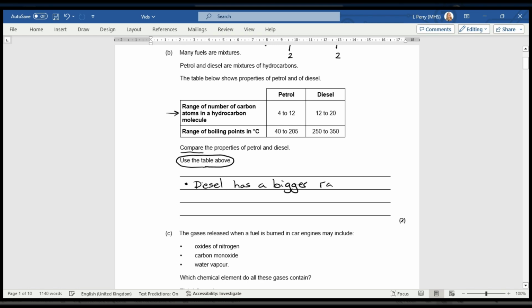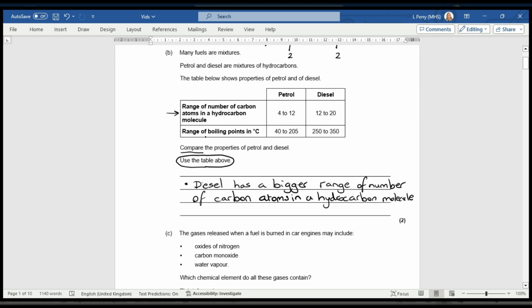Bigger range of number of carbon atoms in a hydrocarbon molecule. You would write it neater than me. So there's 1 mark, and I've just said what that row tells me.